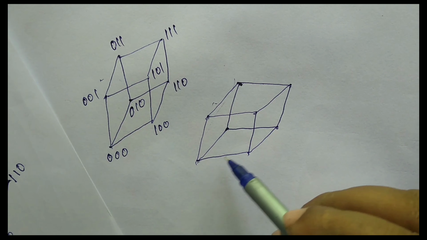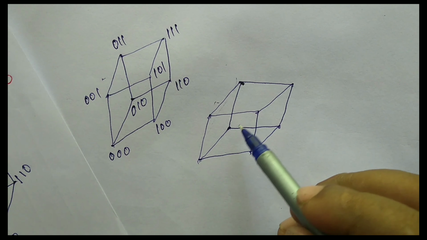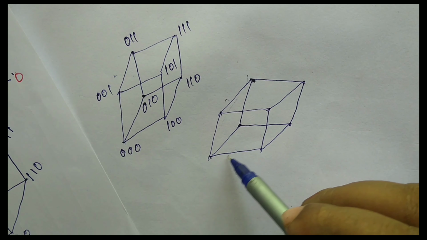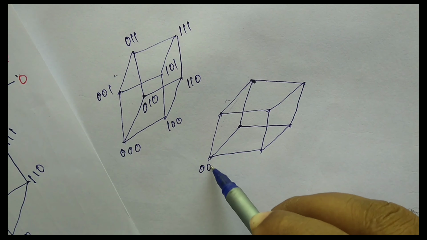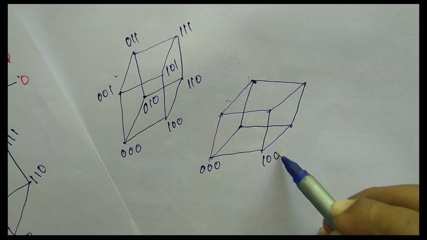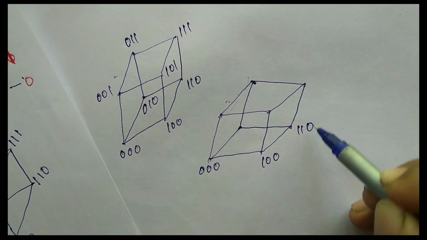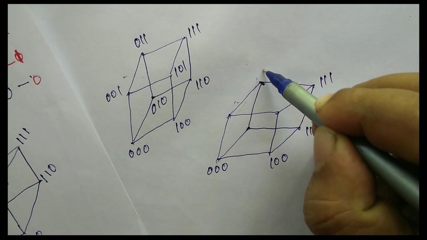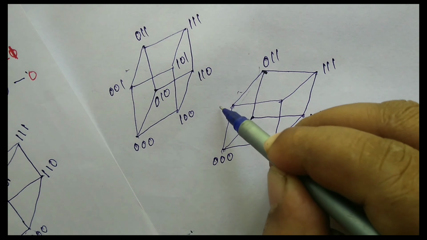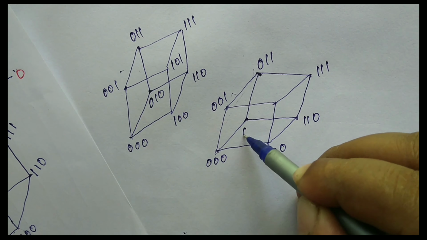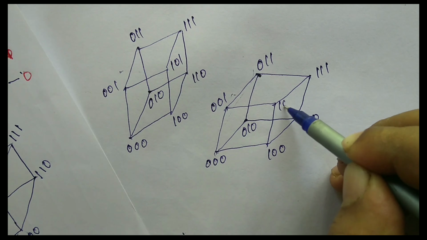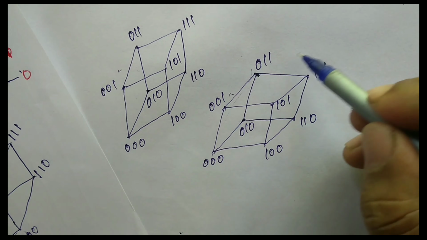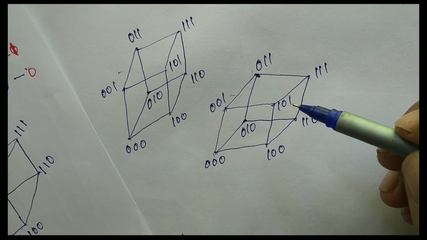The same labels you give for the second one also. That is 0, 0, 0, 1, 0, 0, 1, 1, 0, 1, 1, 1, 0, 1, 1, 0, 0, 1, 0, 1, 0, 1. Okay, we finished with the same labels.